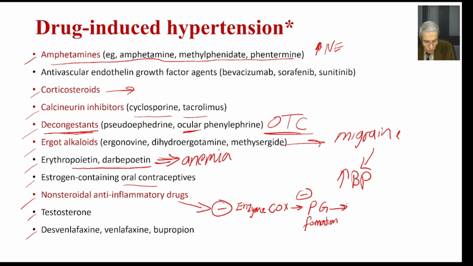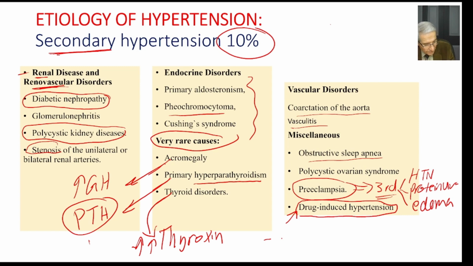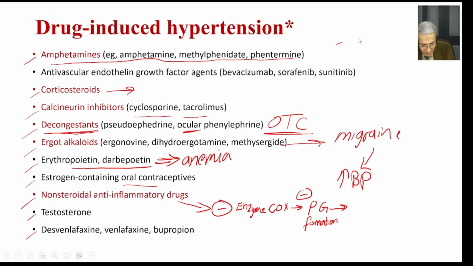In physiological function, we need prostaglandin for the kidneys, because prostaglandin enhances renal blood flow. That's great. It causes vasodilation.